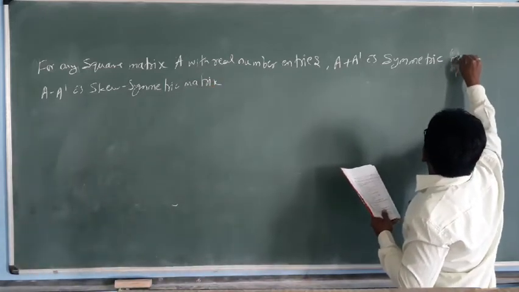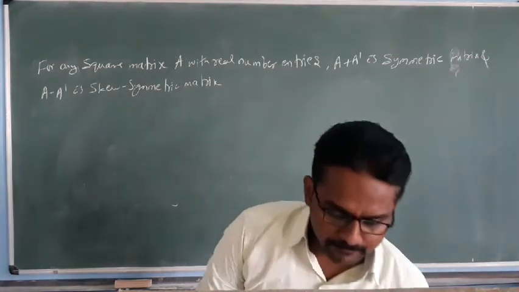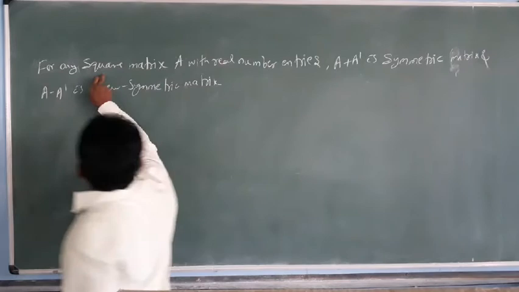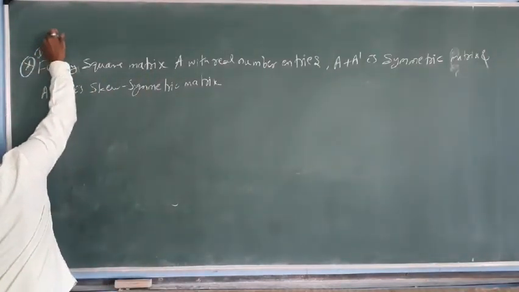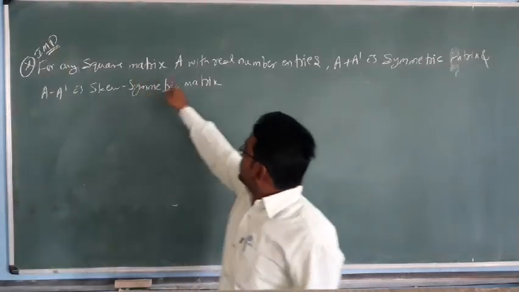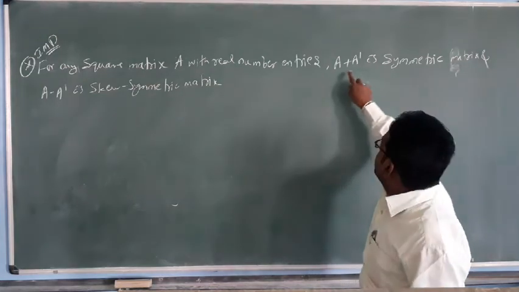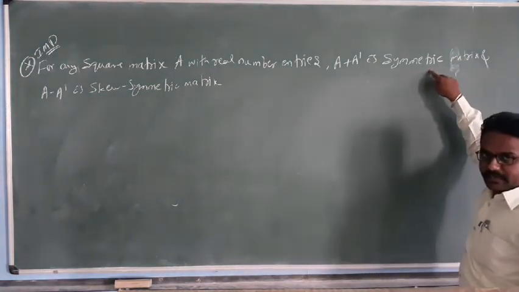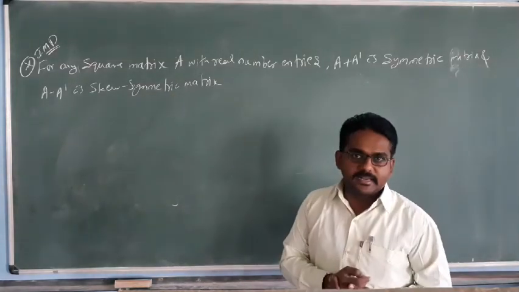For any square matrix, this is an important concept here, students. For any square matrix A with real number entries, A plus A dash is a symmetric matrix. A minus A dash is a skew symmetric matrix.